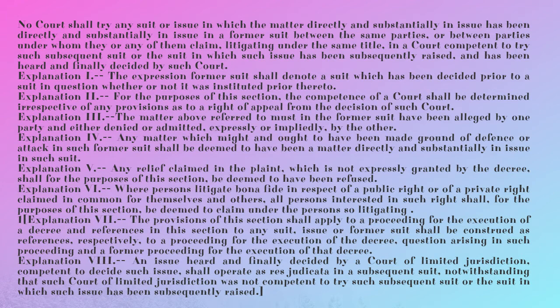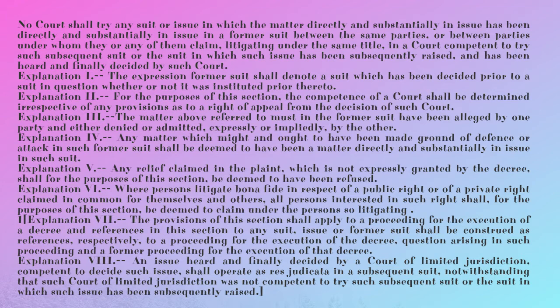And the last point of it is that, see, if any issue has been decided by a court of limited jurisdiction, it was competent, the court was competent, but there was limited jurisdiction, and the issue has already been decided with the limited jurisdiction of the court, then this also will operate as res judicata.